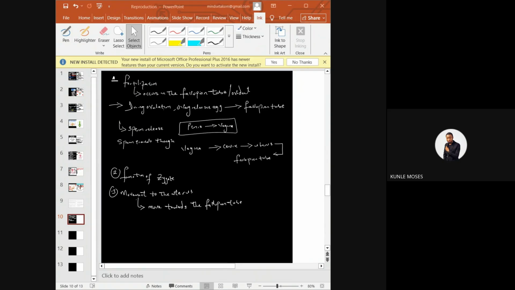This zygote contains genetic material, like I said, and it will begin cell division that we call mitosis. So that took us to the third one, which is movement to the uterus. We talked about how the zygote will move towards the uterus.